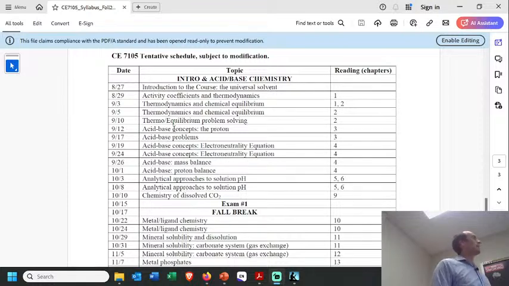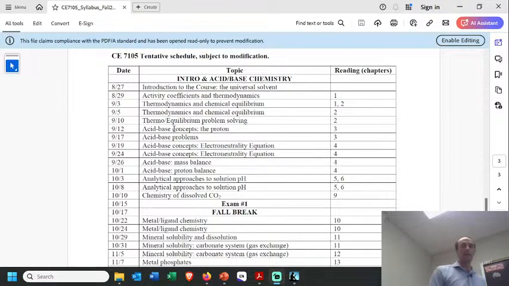Like what's happening? I'll touch on some really advanced concepts, but we're not going to go there in the sense that we need to master these today, the first day of class. That's not my intent, but just to open your eyes to the types of things that are going on in a solution, whether that's gas trying to escape a solution, whether that's water trying to dissolve something, and how do those dynamics work.